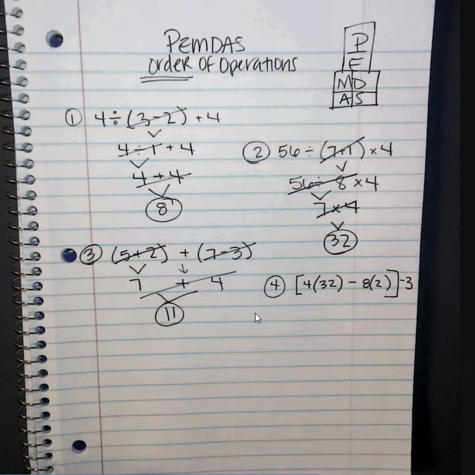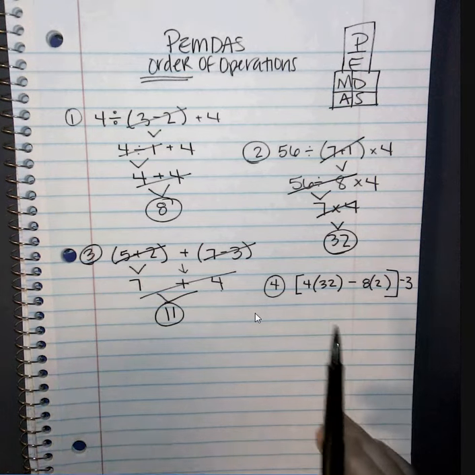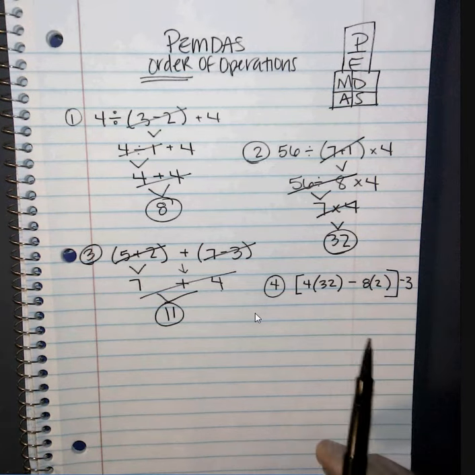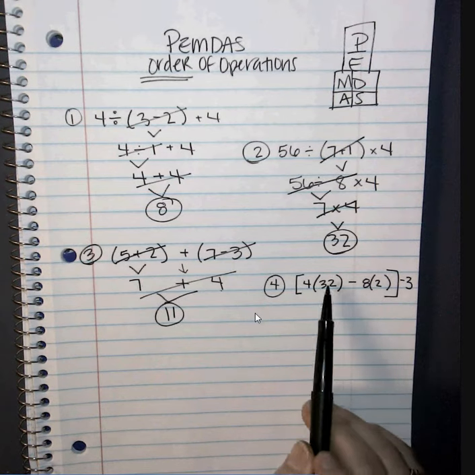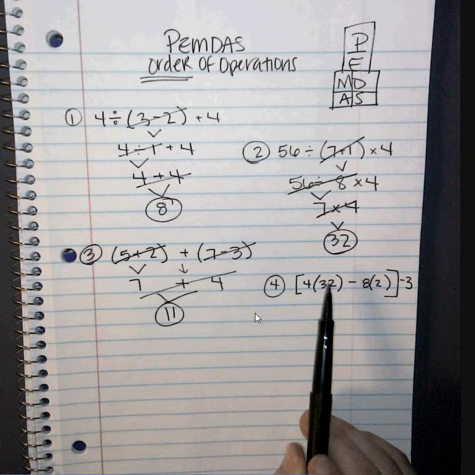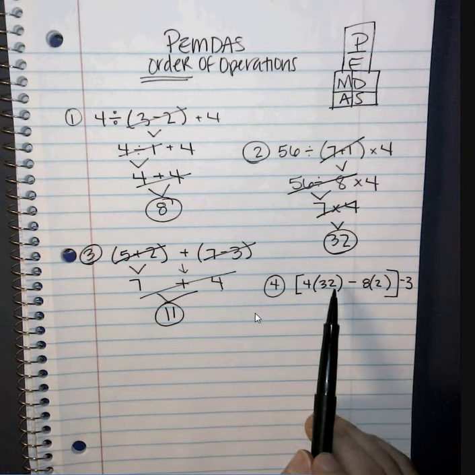Alright? So one thing you've probably noticed is that whatever's in these parentheses right now isn't telling me to multiply, add, or subtract 3 and 2, because 32 is just the number there. So what do you do when you don't have anything in here telling you what to do?